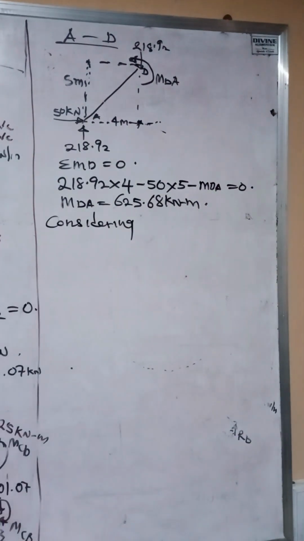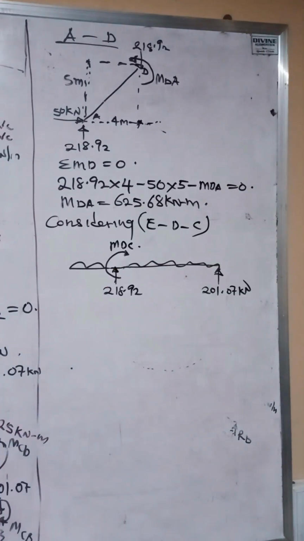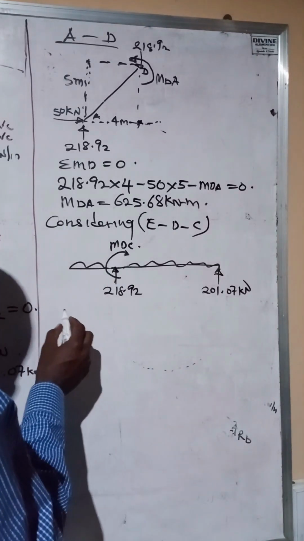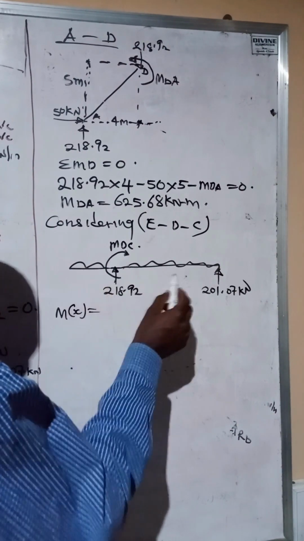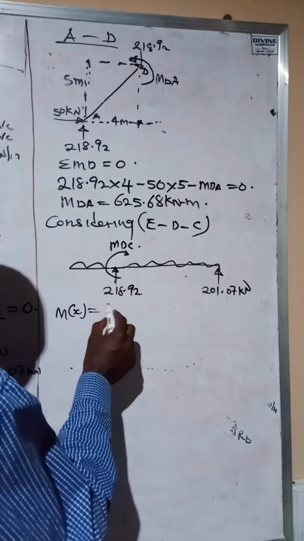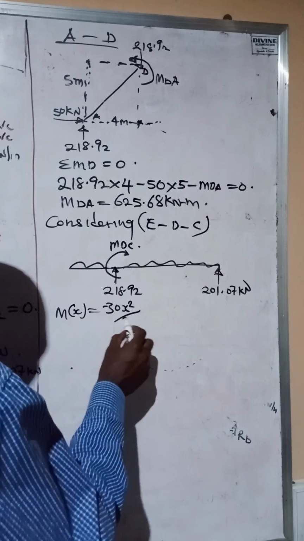We're going to be considering this time. Okay. So what do we do? Now, if our DC is equal to our MdA, in getting the moment here, we're going to have the moment expression as this. M of x is equal to the UDL here is 30, so we have minus 30 x squared over 2.